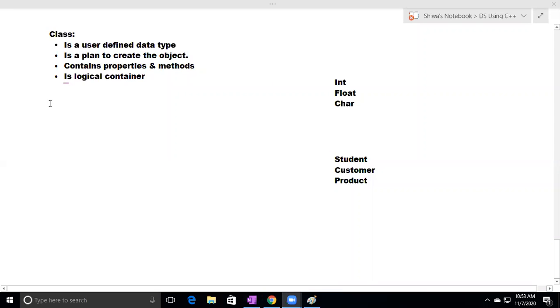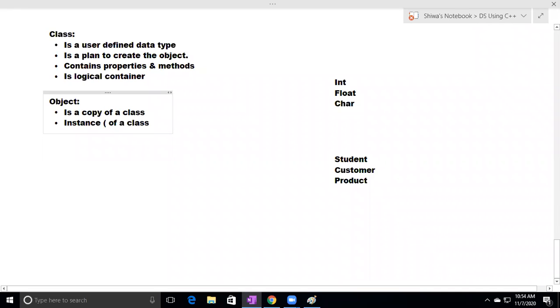Okay, so this is about class. Just now I explained that an object is a copy of a class, or you can say it is an instance of a class. Here, instance means example.